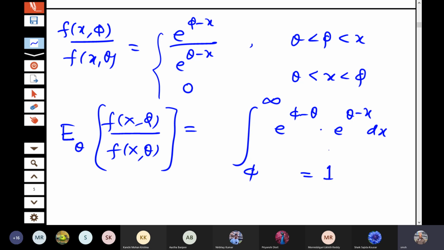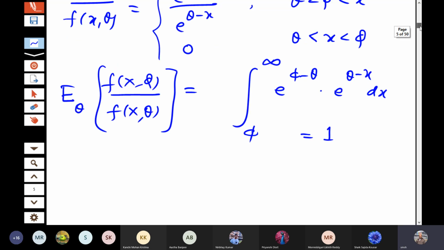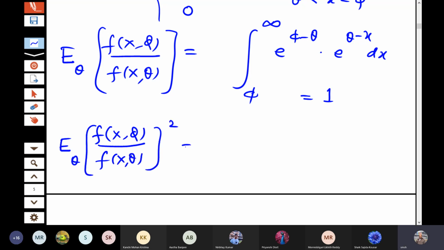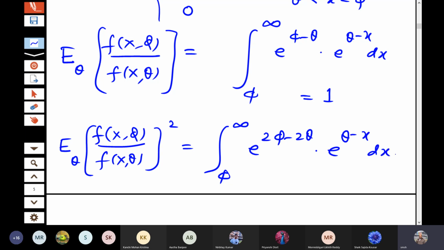You integrate this, it is simply equal to 1. Now similarly, if I consider the expectation of fx phi by fx theta whole square, that is the integral from phi to infinity of e to the power 2 phi minus 2 theta, e to the power theta minus x dx.